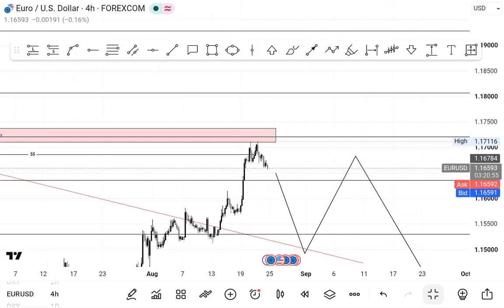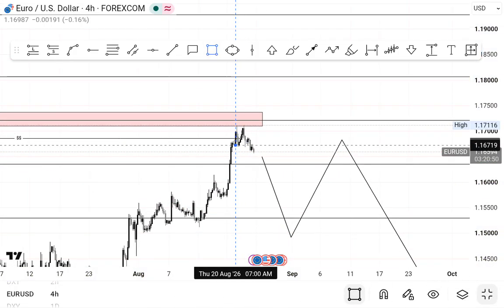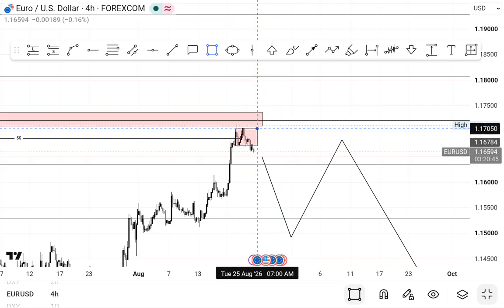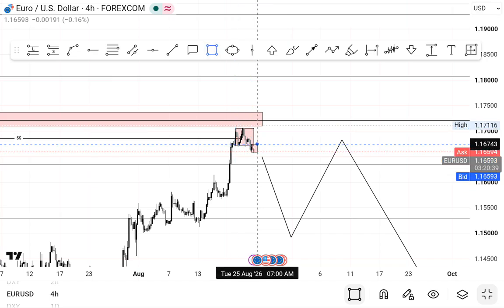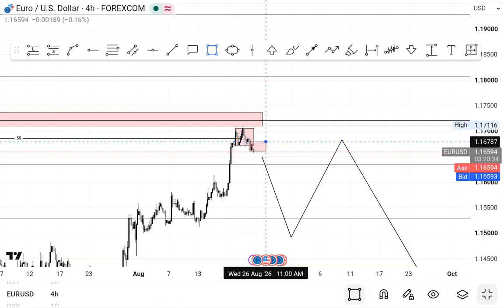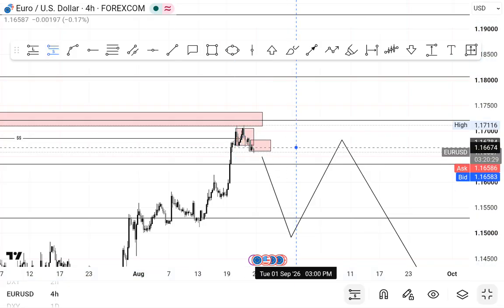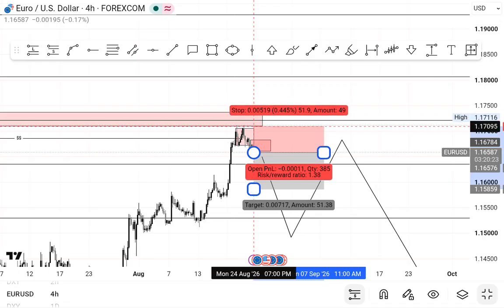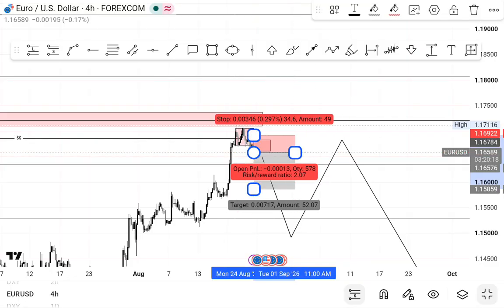So they already retraced from this one, sorry. Yeah, so one can even sell here. There's like 0.45%. If we put it here, there's like 0.29.